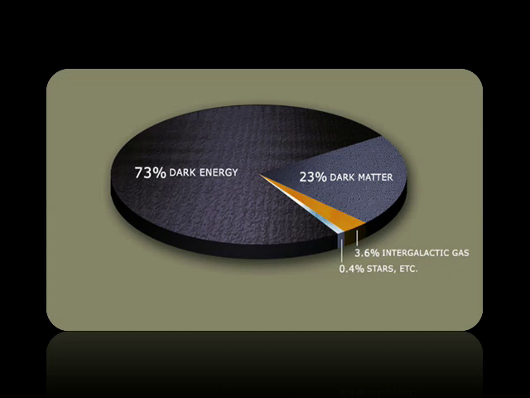Now, an immediate argument that should pop into your mind is that it's strange that energy should be mentioned in the same pie as matter. All we need to do to get around this for the moment is to remember that Einstein gave us a mass-energy relationship, E equals mc squared, an equation that tells us that matter and energy are equivalent and proportional to the speed of light squared.